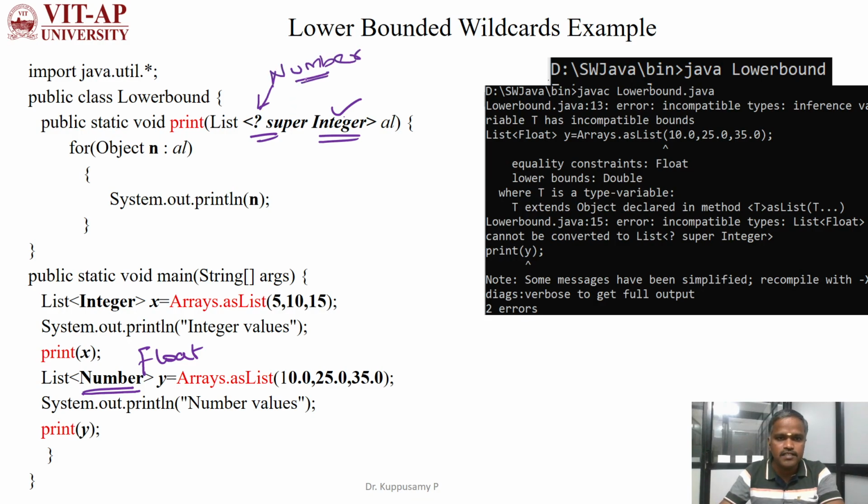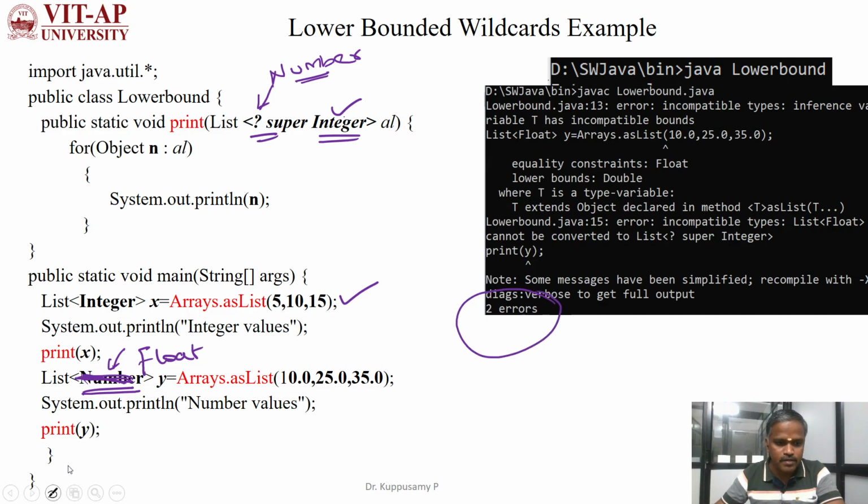In Java generics, Number is the parent class, Integer is the subclass. So this is accepted. But when you pass only the float data type, here I am giving float, at that time it will give you a compile time error. You see here we are getting two errors.